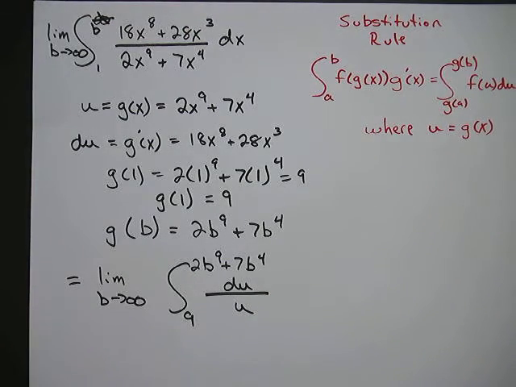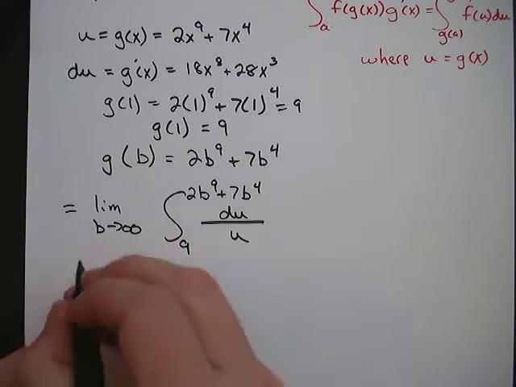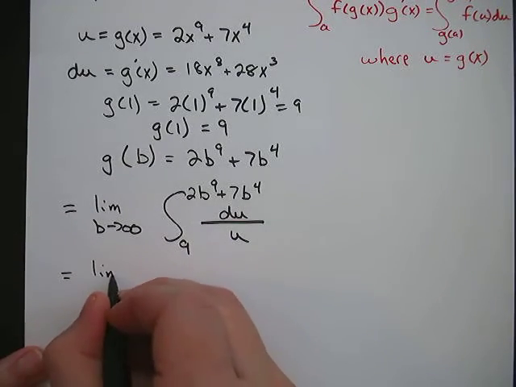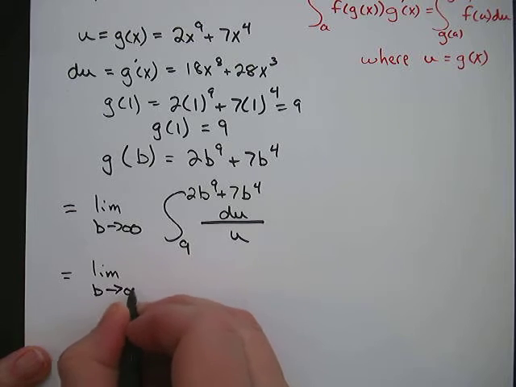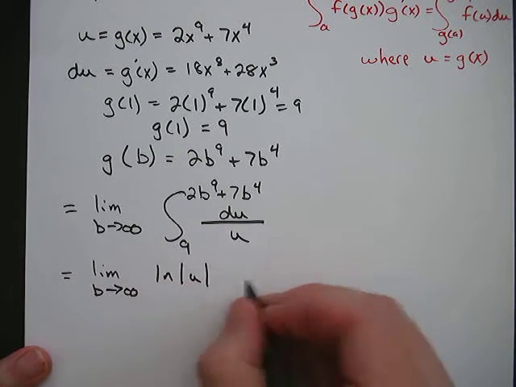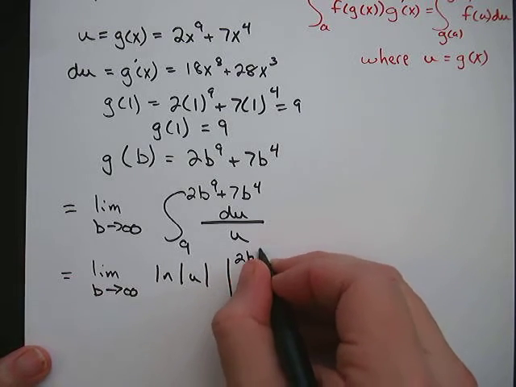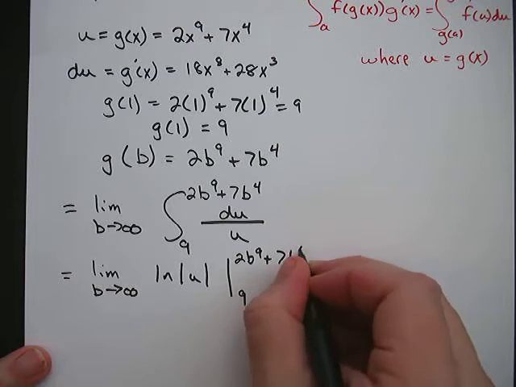Now you may recognize this integral. That is going to be a natural logarithm, so we'll have the limit as b approaches infinity of the natural log of u integrated from 9 to 2b to the 9th plus 7b to the 4th.